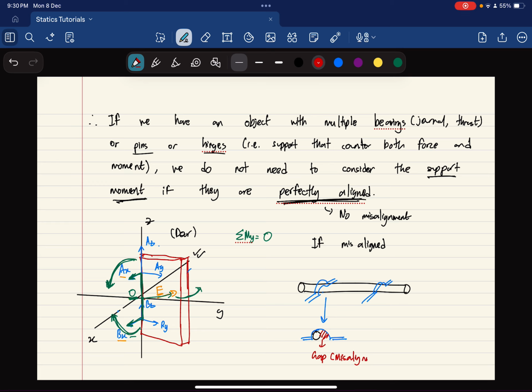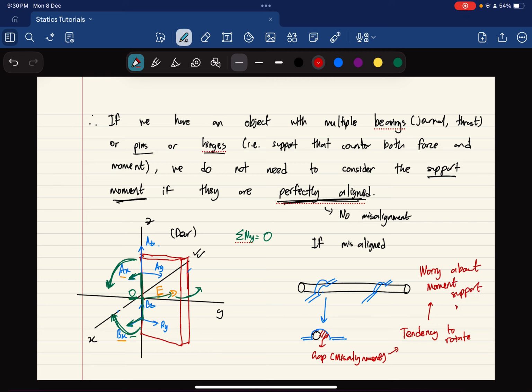Okay, so what happens if you have a misalignment? If you have a misalignment, that means a tendency to rotate. So there's a tendency to rotate, so we need to worry about the moment support reaction.